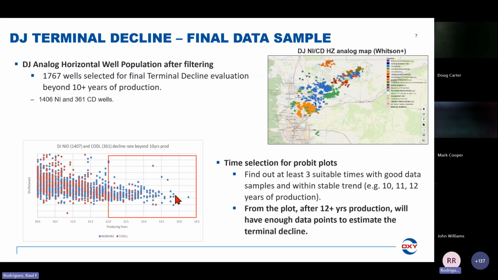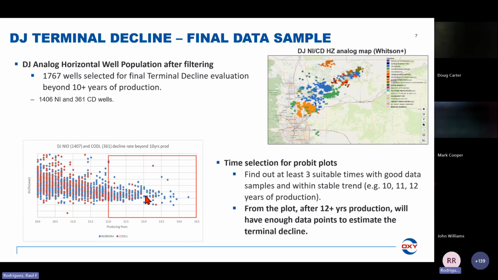We want longer production for our terminal decline, but if we have fewer points, then we also lose some accuracy. So we are looking for a good trend where we have a large set of wells, but still the longest production of that subset.